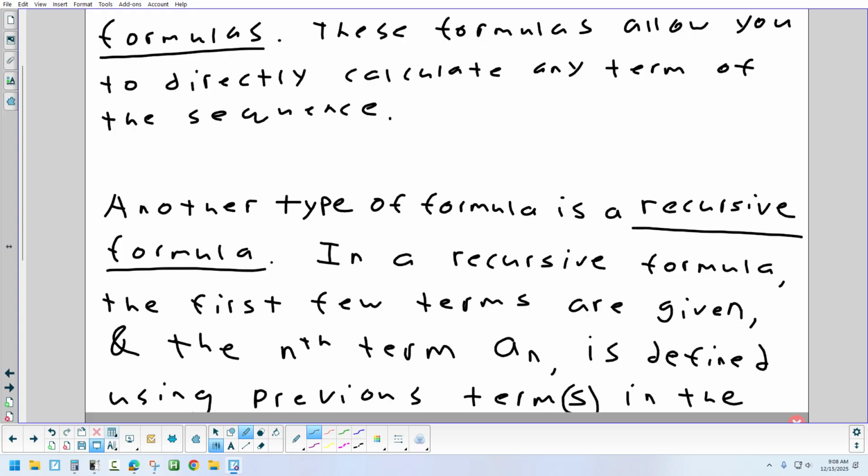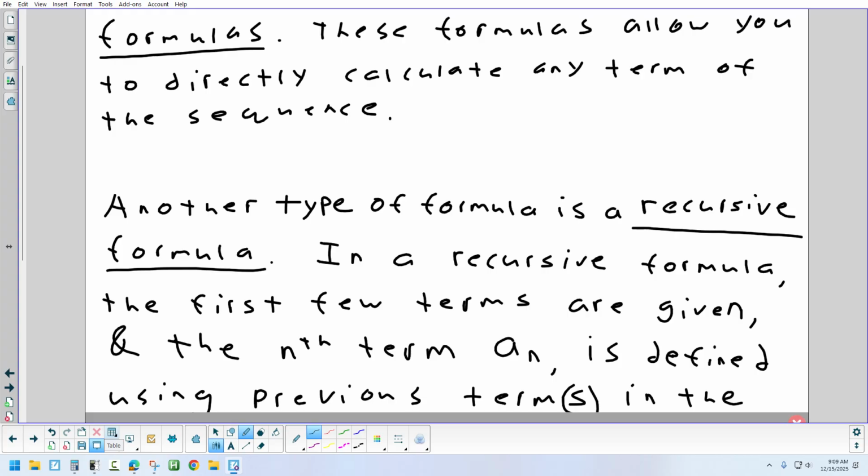Why would that be kind of a pain, to use a recursive formula to find the 300th term? You have to figure out all of the ones up to 300. It can take a lot of time, even if it's a simple formula. Doing something simple 300 times, it's still going to take a long time. And it's very easy to make a mistake.